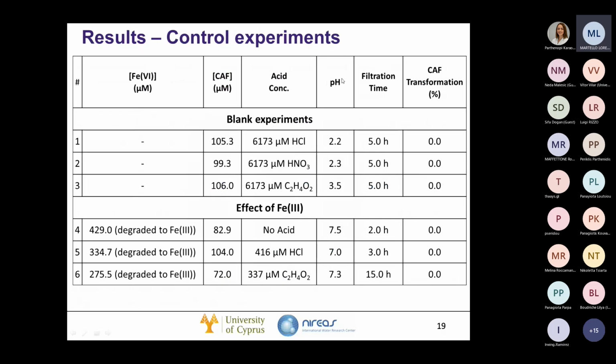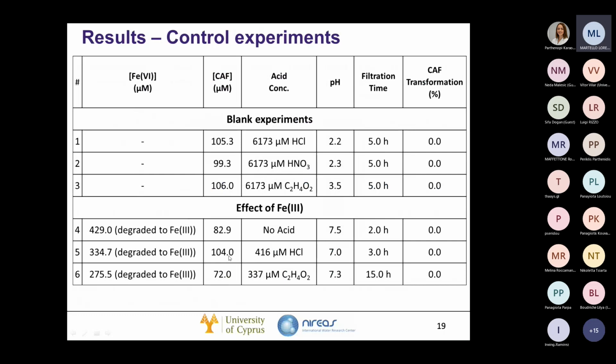And to make sure that there was no interaction between the acids and the compound, or the iron 3 produced by the decay of iron 6 with the compound, we went through many control experiments. Basically, we tried to do any possible experiment to rule out all the possibilities. We ran control experiments with the different acids alone and caffeine, and we saw no removal.